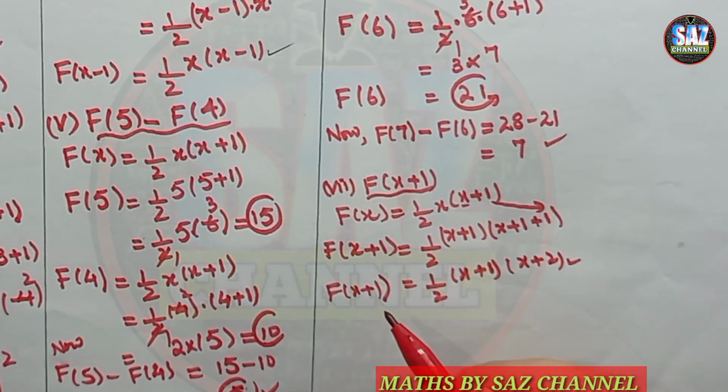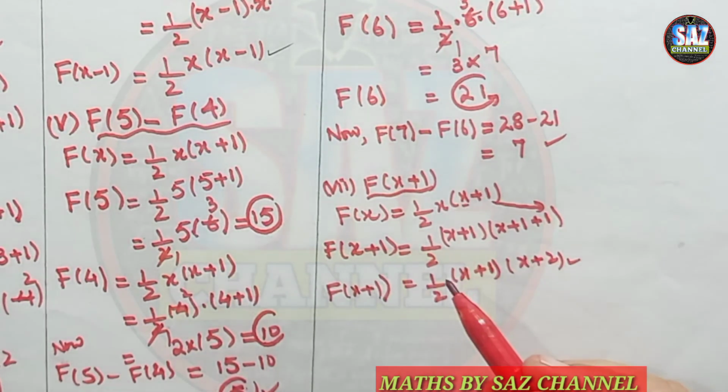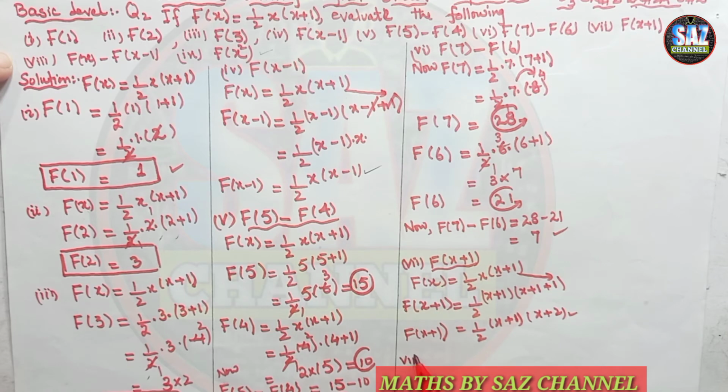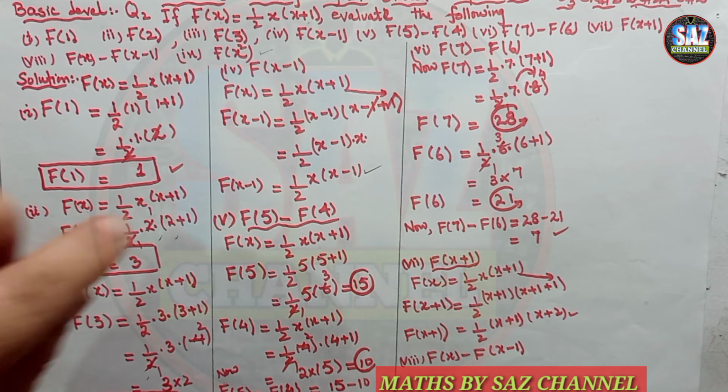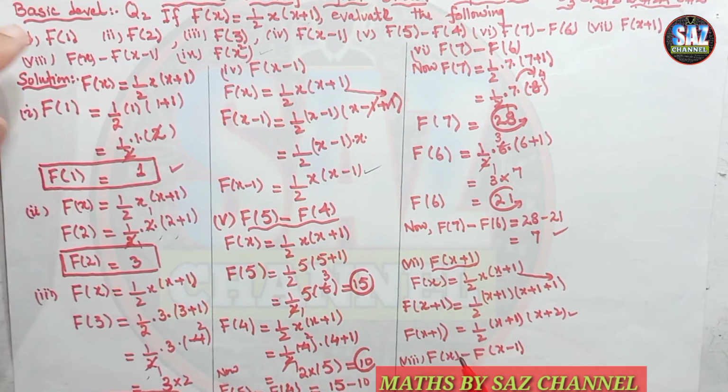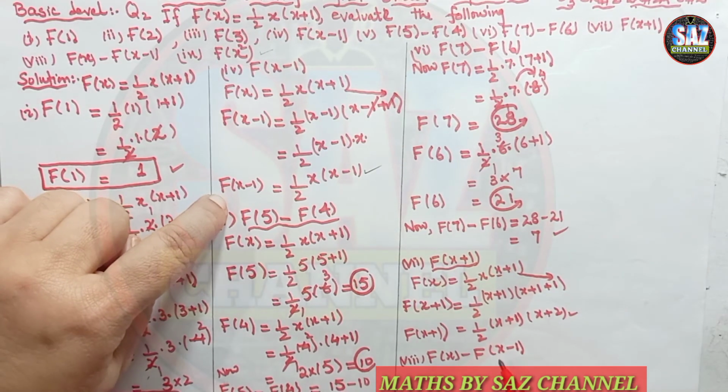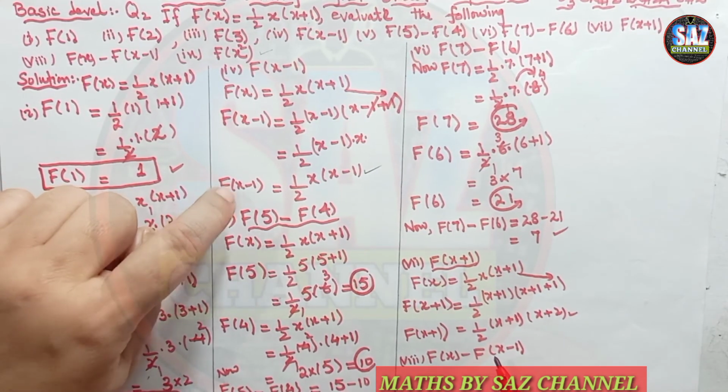Let's move to the next part of the question, and that says f of x minus f of x minus 1, f of x minus 1. We have to evaluate this. Now, if we look at the answer of f of x, that is the original function, and if we look at f of x minus 1, we have already evaluated that answer.